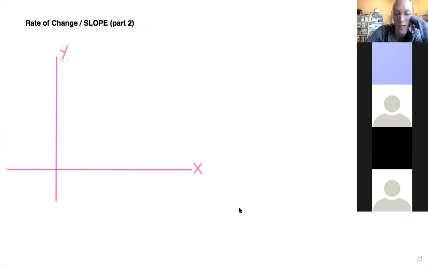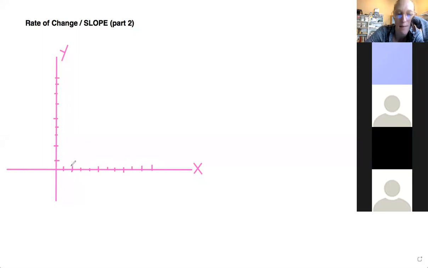And what we're trying to learn is that when I make a function and it turns out to be a perfectly straight line, that's called a linear function. And all linear functions have a rate of change, or slope. So I just want to remind us of what that looks like. That's what we just did in our Kahoot, but we'll do a quick reminder.